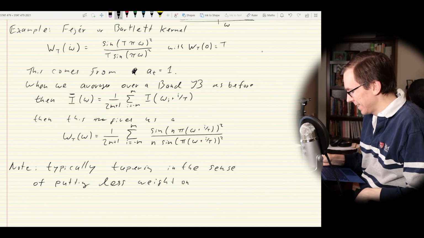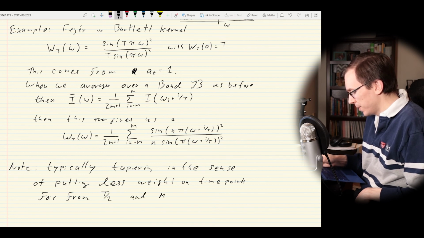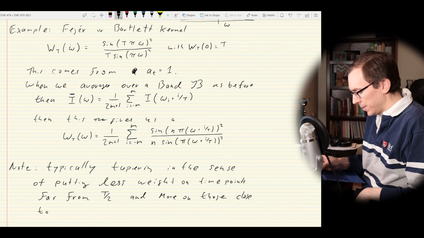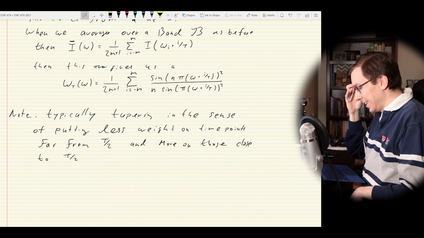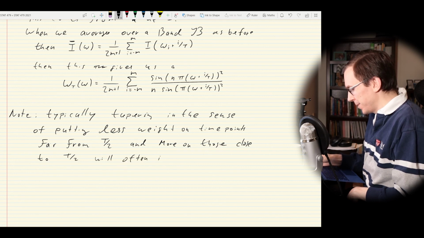Less weight on time points far from t over 2 and more on those close to t over 2, the center of our time series, temporally, will often improve performance.